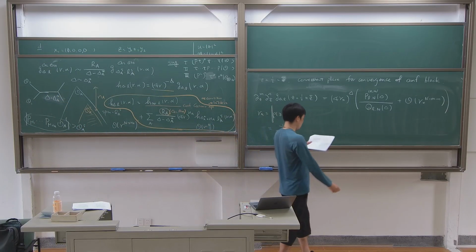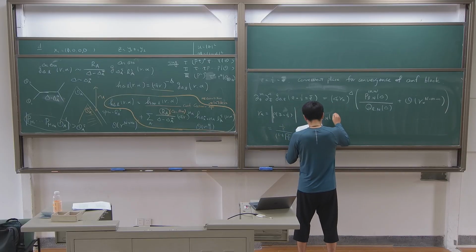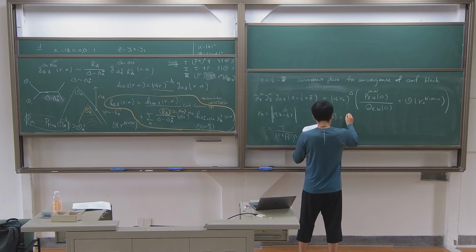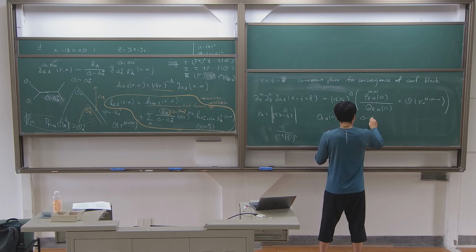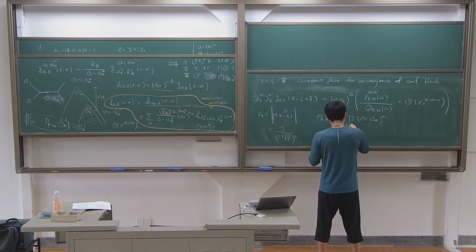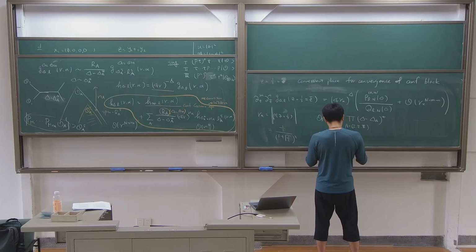And then, the denominator can be written as a product of delta minus delta A star, where A is 1, 2, 3, like this.